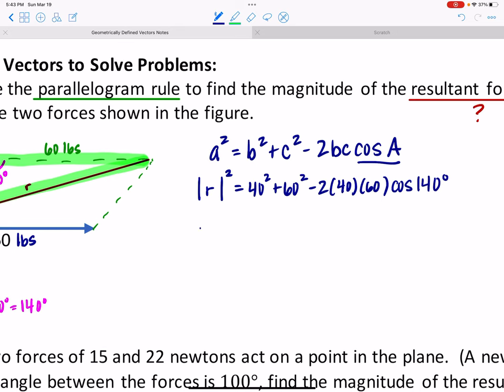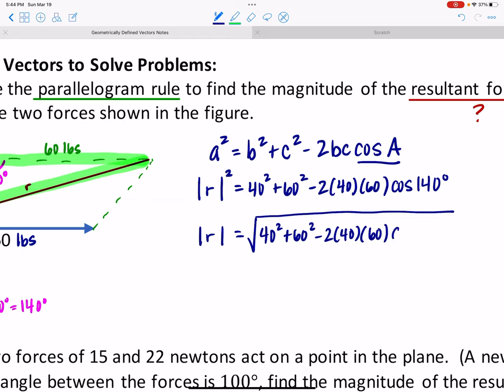Which means the magnitude of r, that's the thing I'm looking for here, the magnitude of that resultant force, is going to be the square root of all that stuff that I just wrote. So the square root of 40 squared plus 60 squared minus 2 times 40 and 60 times the cosine of 140 degrees.